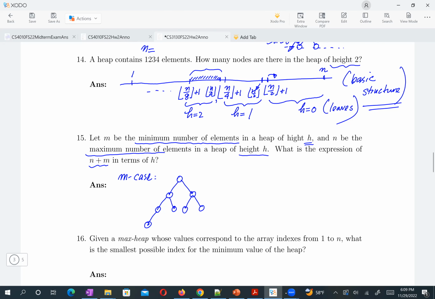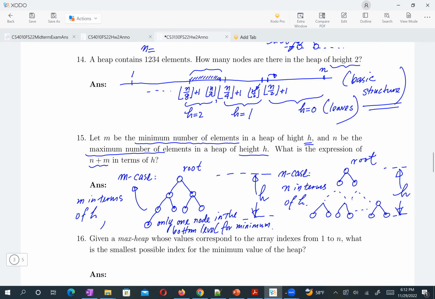That is the first thing you need to do. The second thing is to represent N in terms of H. Then you add these two expressions together, M plus N, and do some necessary simplification. That is your answer. So that's the meaning of this question.